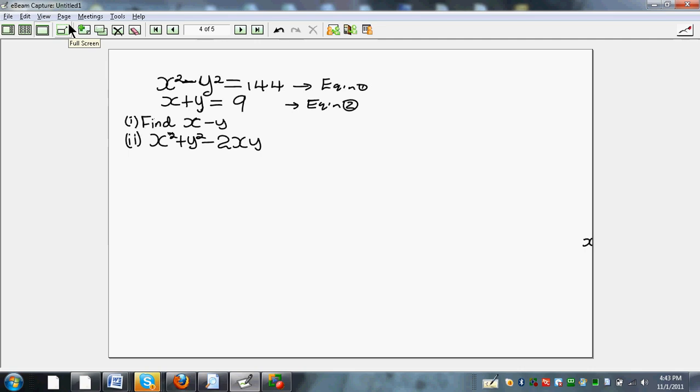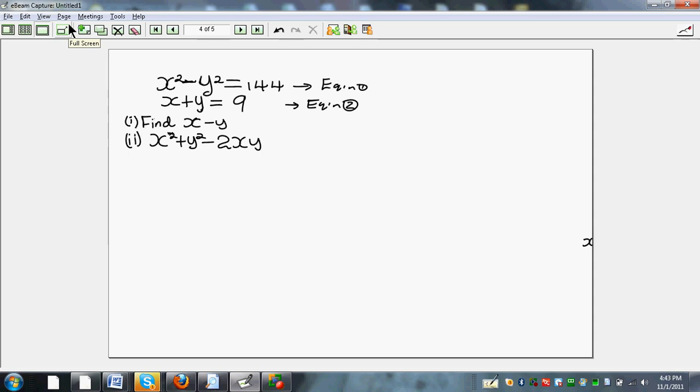Now x squared minus y squared is the difference of two squares, isn't it? And that's what you have to recognize. When I was checking it initially, I realized that something wasn't quite as it's supposed to be to solve this in an easy way.